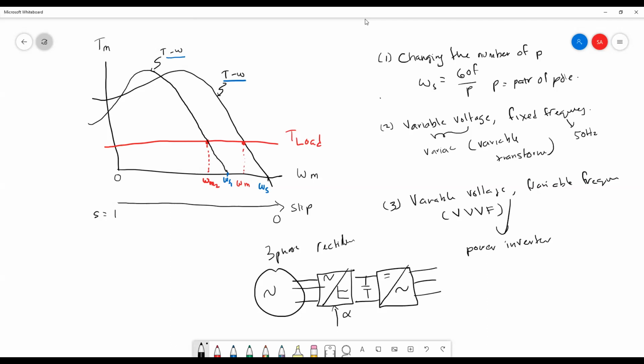You control alpha here, and then you also control the switching. From this, you can produce variable voltage and also variable frequency. This can be done easily by using a power electronics converter.